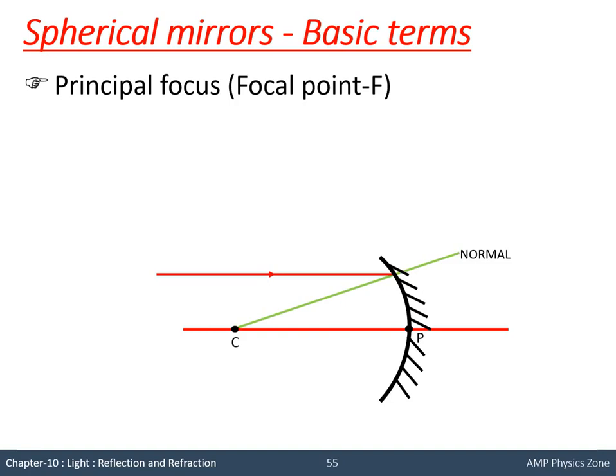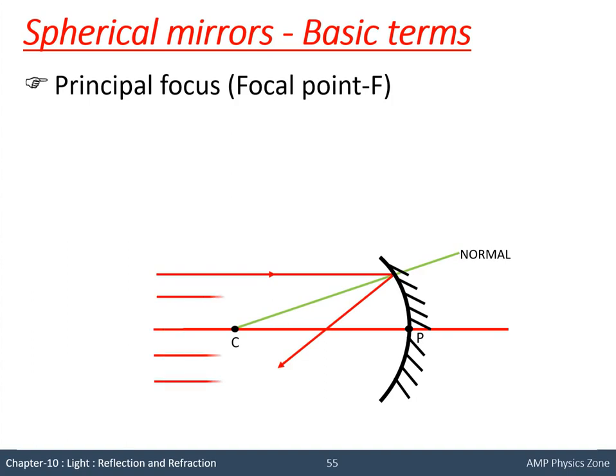You should remember how to draw the normal for a curved mirror. Normal is the line joining the center of curvature and a point on the surface of the mirror. Now you can use the law of reflection. So this will be the reflected ray.